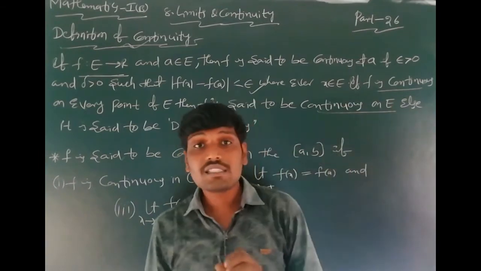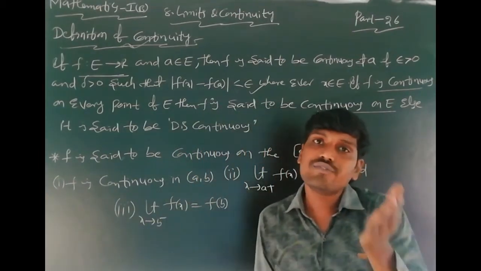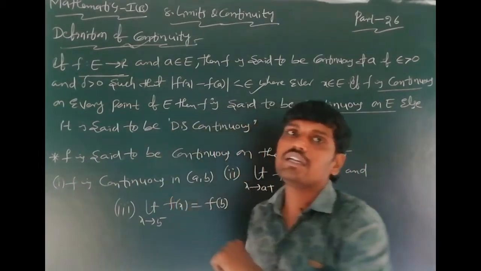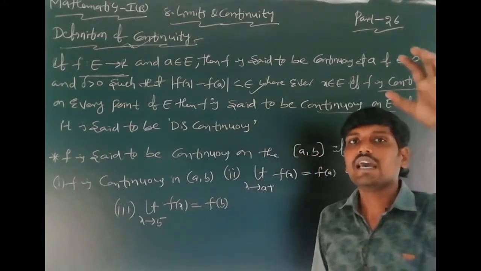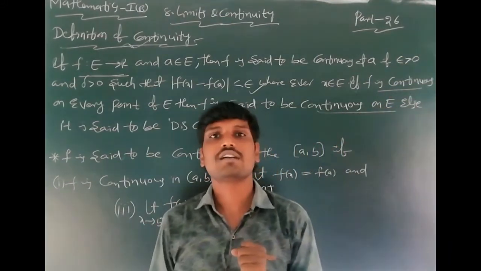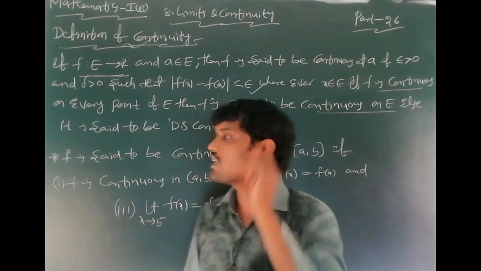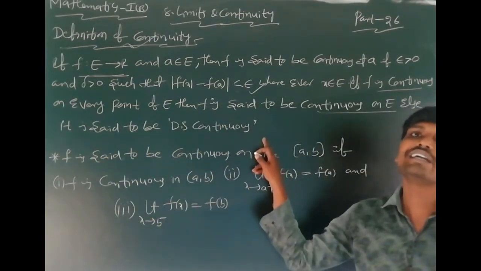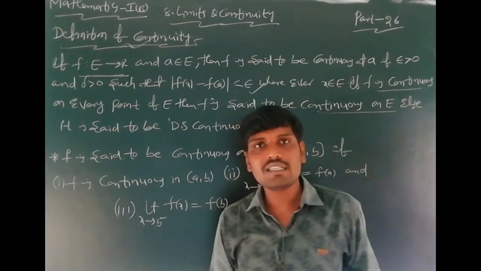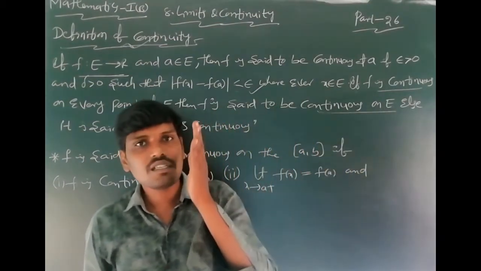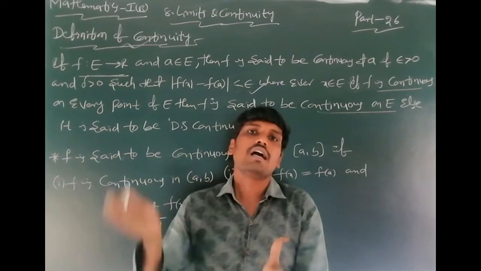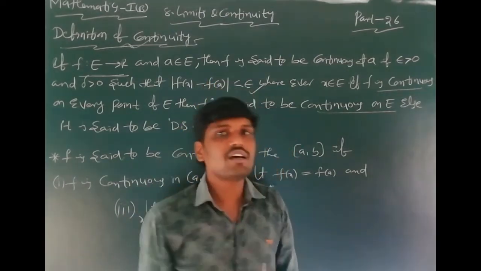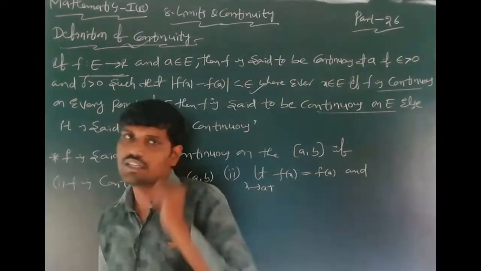Else, if f is not continuous at every point of E, that function is discontinuous. If the function f is continuous at every point of E, that function is called a continuous function.